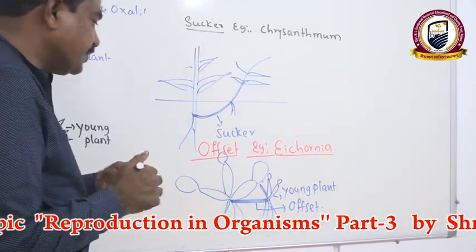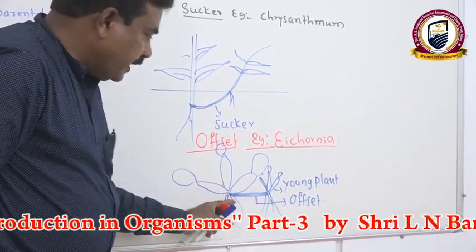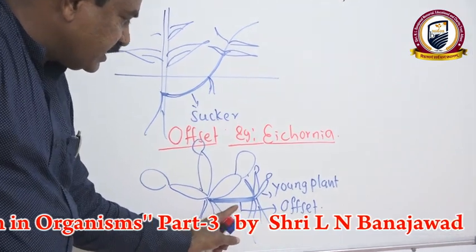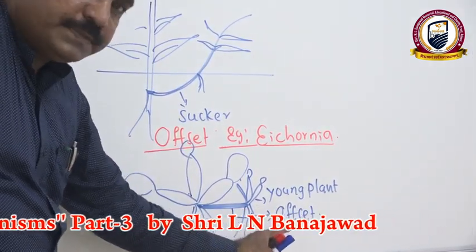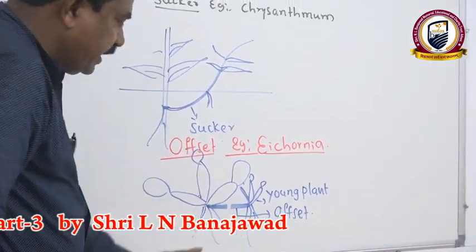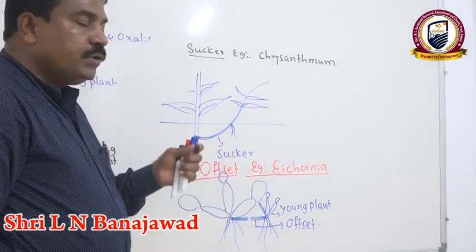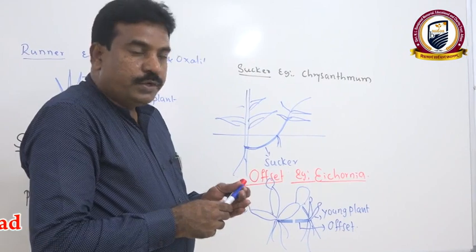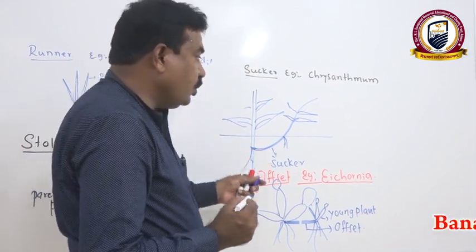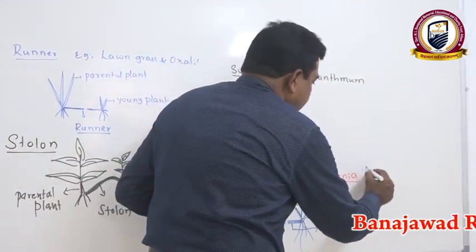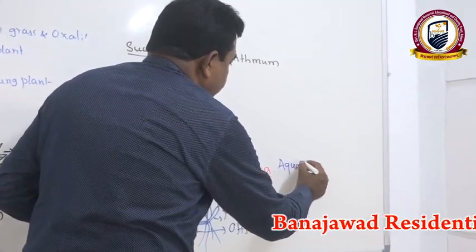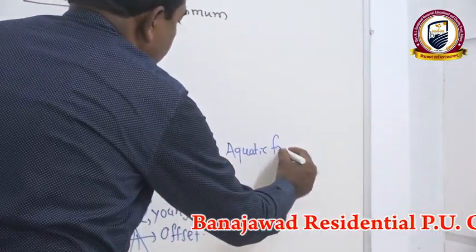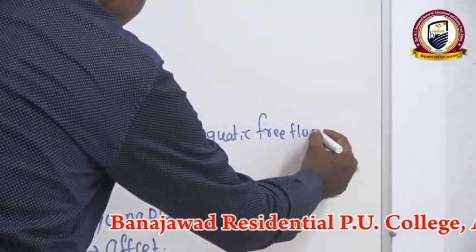Here also the same principle: from the parental plant, the young plant, this thick specialized stem, what we call the offset. If it is damaged mechanically, that young plant grows independently. But with respect to Eichhornia, we have plenty of new information. It is an aquatic free floating plant.